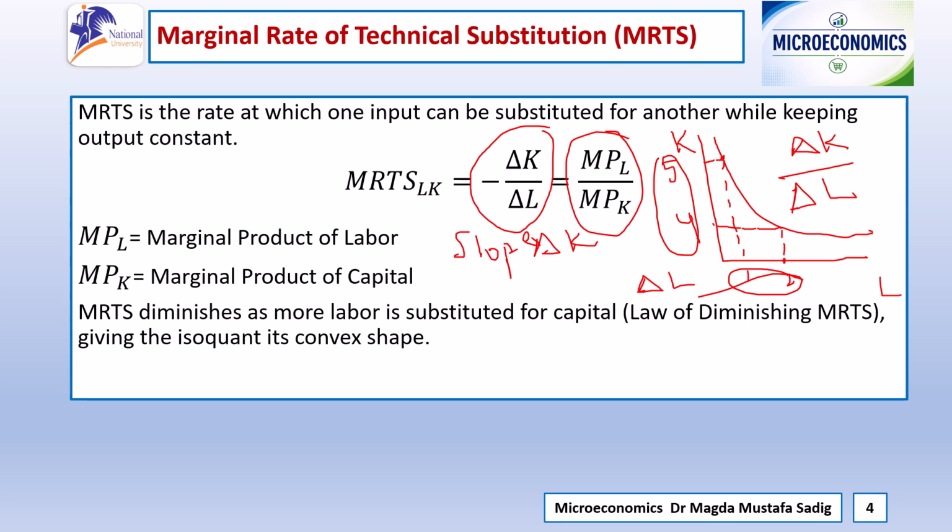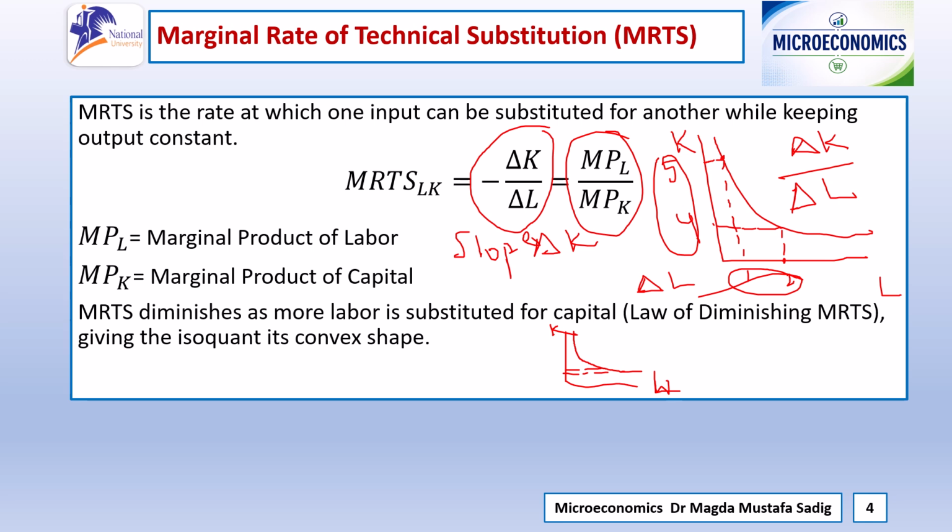Look, it becomes flatter like this, because you cannot replace more and more capital with more workers. It means that you replace less and less capital as you add more labor.